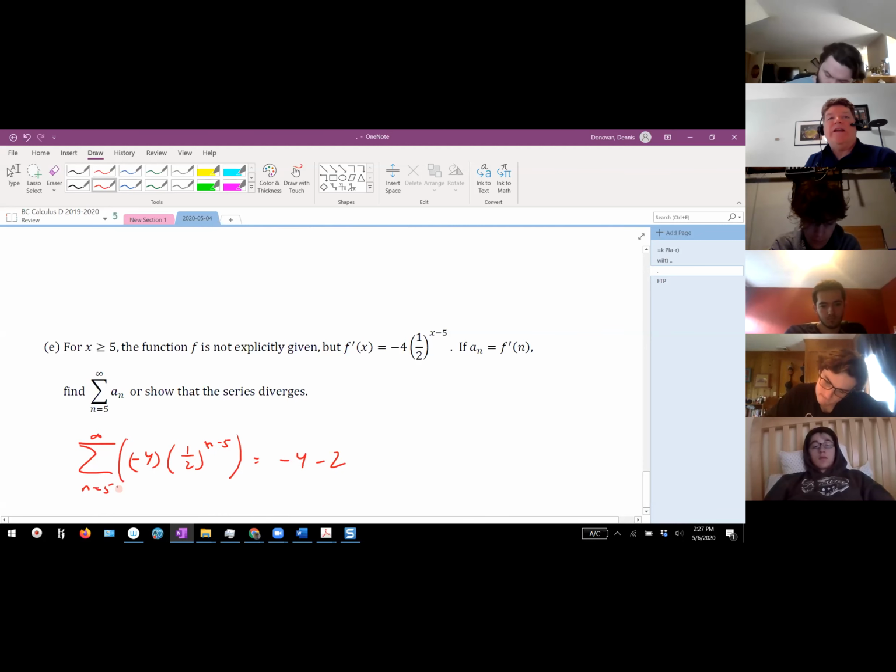When n equals 7, the exponent is 2. Negative 4 times 1/4, well, minus 1. Next term times a half, so -1/2. Now we have a sense of what it is, right?